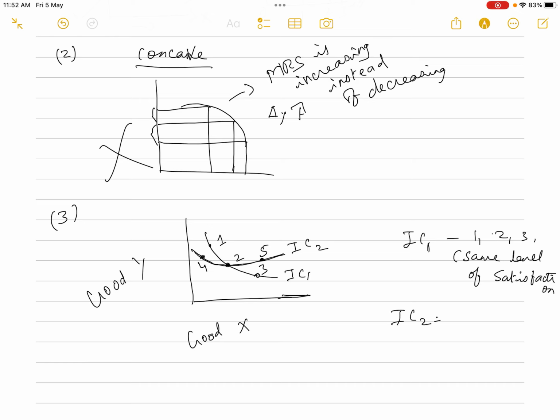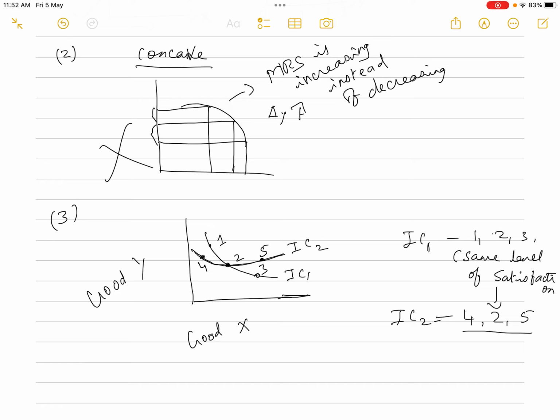IC2 has the combinations 4, 2 and 5. So these three also should give the same level of satisfaction to the consumer, isn't it? Any combination on the indifference curve should give the consumer the same level of satisfaction. Just like combinations 1, 2, 3 on IC1 give the same level of satisfaction to the consumer, 4 to 5 on IC2 should also give the same level of satisfaction to the consumer.